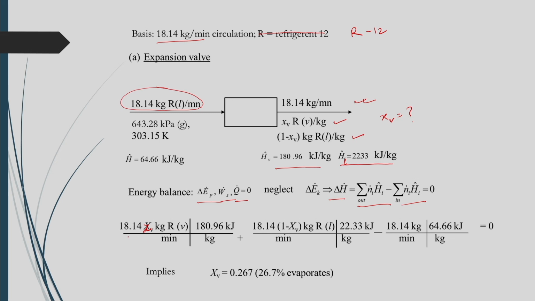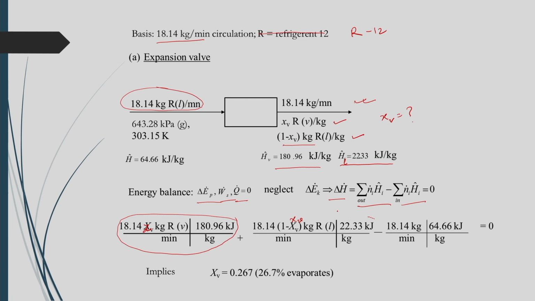So, this is the amount of enthalpy for the vapor, and similarly for the liquid component, that is 1 minus XV, small xv. So, 18.14 into 1 minus XV kg of liquid refrigerant will be there, and the enthalpy for that liquid is 22.33 kilojoules, so you have to multiply it.